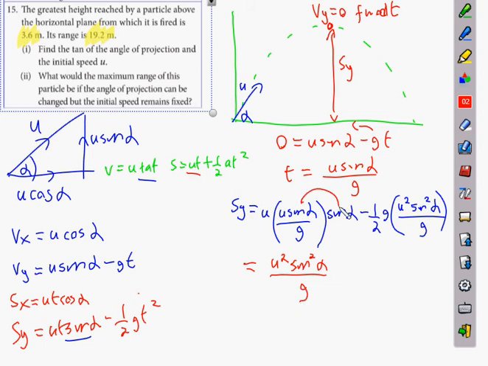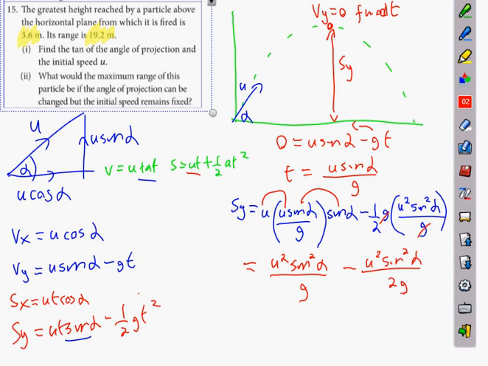The other one is the same deal, except the g's will cancel, and it'll be minus u squared sin squared alpha all over 2g.